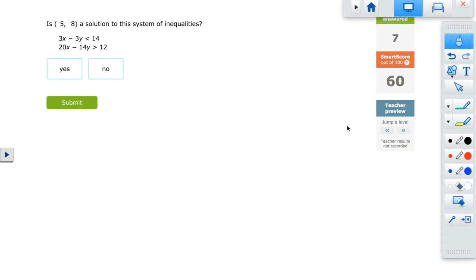Now we have negatives. So remember our rules of integers. So I'm going to plug in 3 times negative 5 for the x, minus 3 times negative 8 is less than 14. 3 times negative 5, positive times a negative, gives me negative 15.